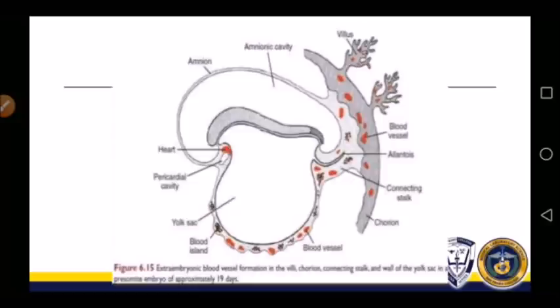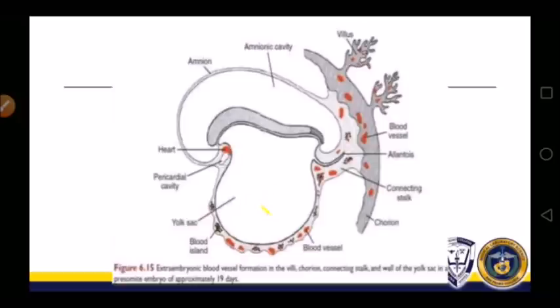Why? Because the process of the production of the primitive erythroblast happens within these blood vessels. Right, the blood island is lined with primitive erythroblasts and lined with primitive blood vessels. Now, within those blood vessels happens the production of the primitive erythroblast.